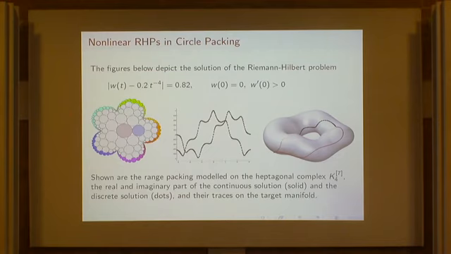The red line you see here is the solution of the corresponding continuous Riemann-Hilbert problem. And the dots on this line are the points of tangency of these circles, the boundary circles, to these target curves. And it is surprising how accurate this approximation is. So the packing is not that large. And here you see real and imaginary part.